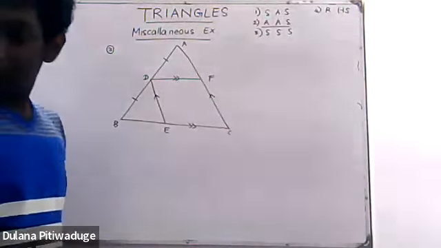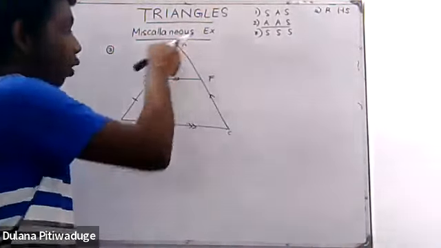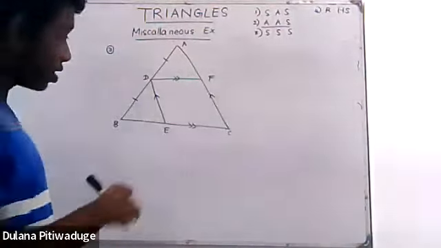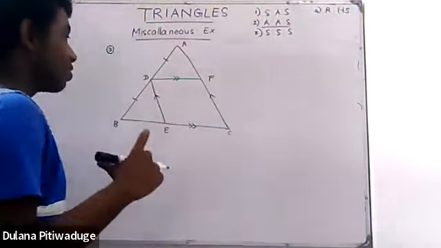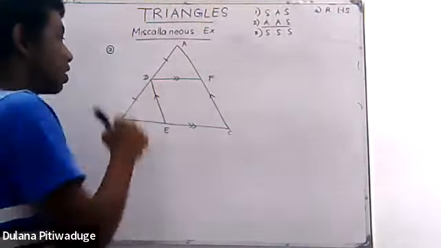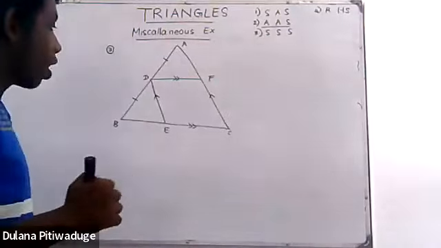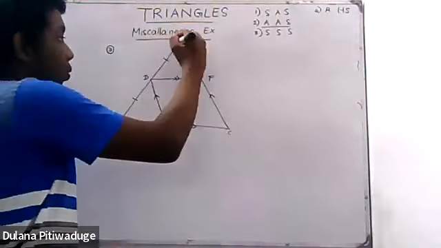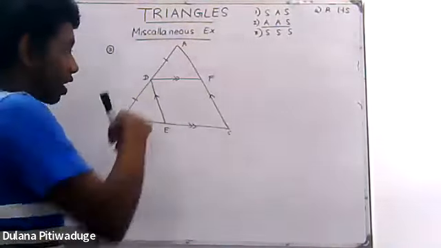Using the information in the figure, show that triangle ADF, this triangle over here, is congruent with this triangle over here, DBE. Now, as data, they have given that these two sides are equal. Now, let's consider how to prove that these two triangles are congruent.